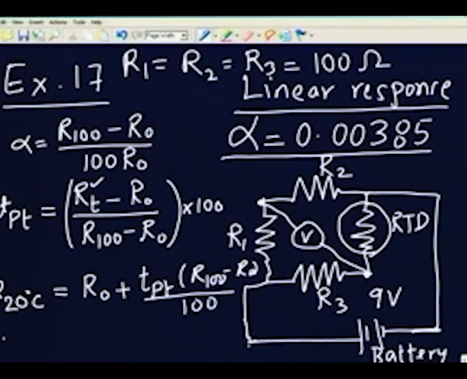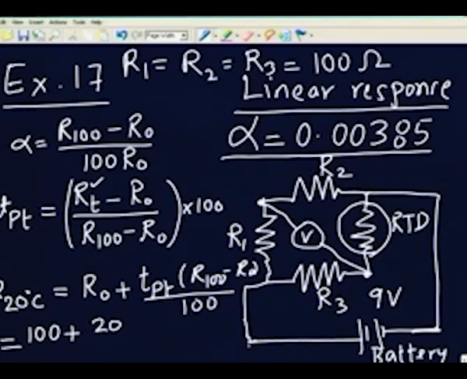So, all I have to do is substitute the values. R0 is 100 plus TPT is 20, and R100 minus R0 is nothing but 100 times alpha times R0, and this 100 will cancel off with this 100.